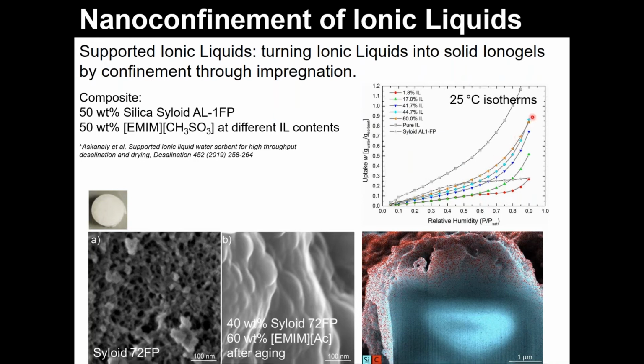Most of them are temperature independent. So the only temperature dependence is that of the saturation pressure. But when you plot the isotherm against the relative humidity, if you repeat the isotherm measurement at several temperatures, you will not see a significant variation of the isotherm itself.